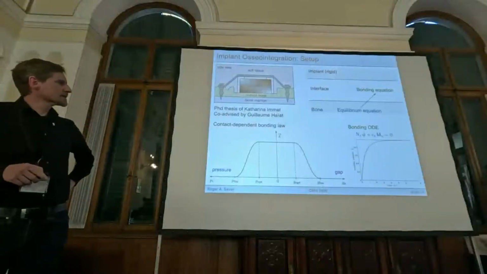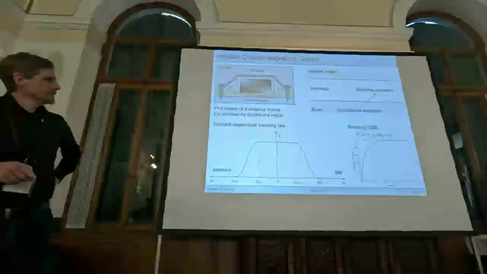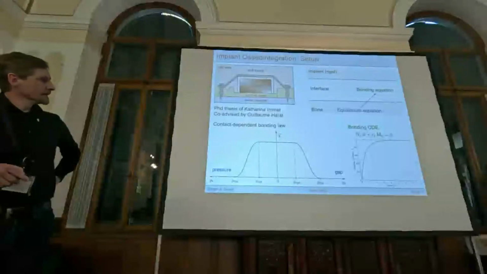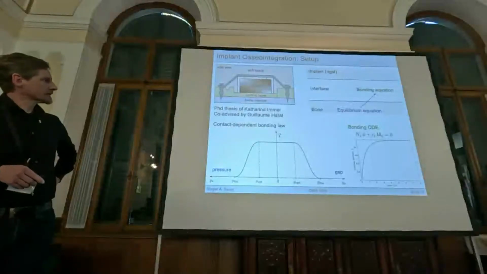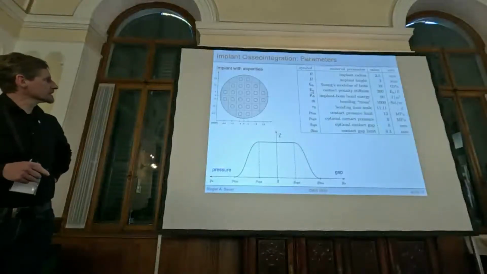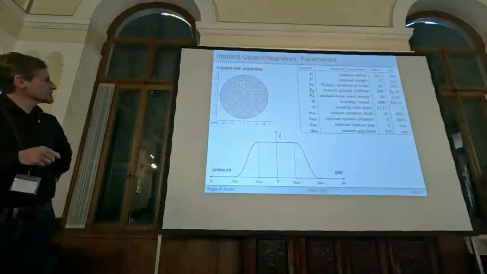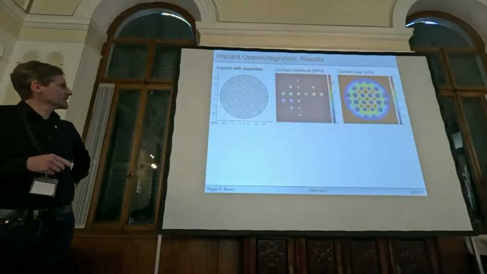And the bonding is now a simple linear ODE that one can solve analytically given the mechanical state. So what we have looked at is playing around with the mechanical state by choosing some roughness, some asperities.